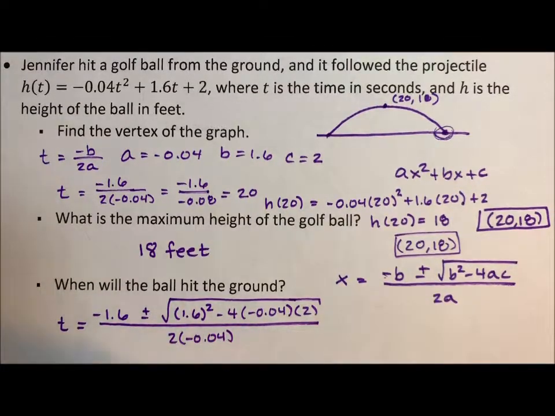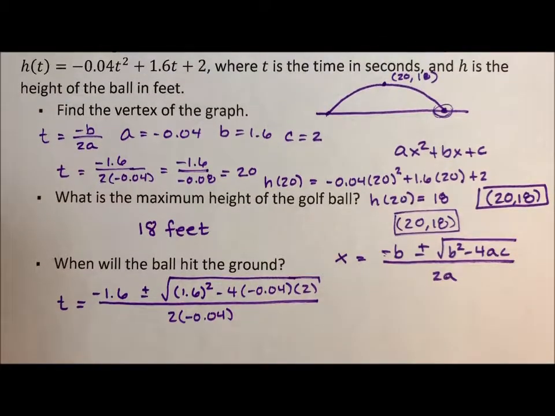I calculate what's under the square root first. So t is equal to negative 1.6 plus or minus the square root of 2.88, all over negative 0.08.